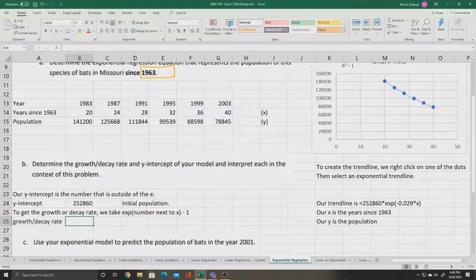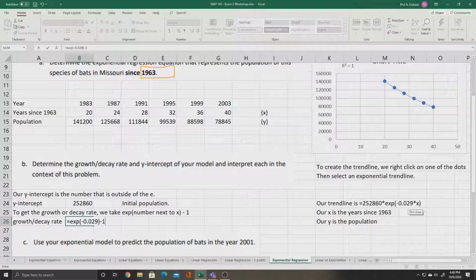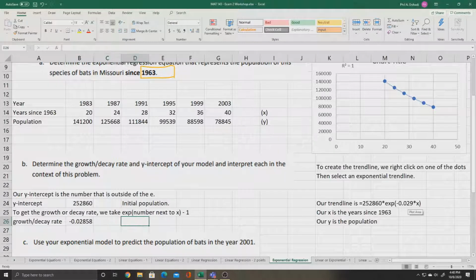So, next to here, we'll say equals exp of the number that is next to x, that's negative 0.029, and then after that subtract 1. Okay, make sure that 1 doesn't go inside the parentheses, make sure it's definitely outside. So we get a negative number as our answer. That means that is our decay rate.